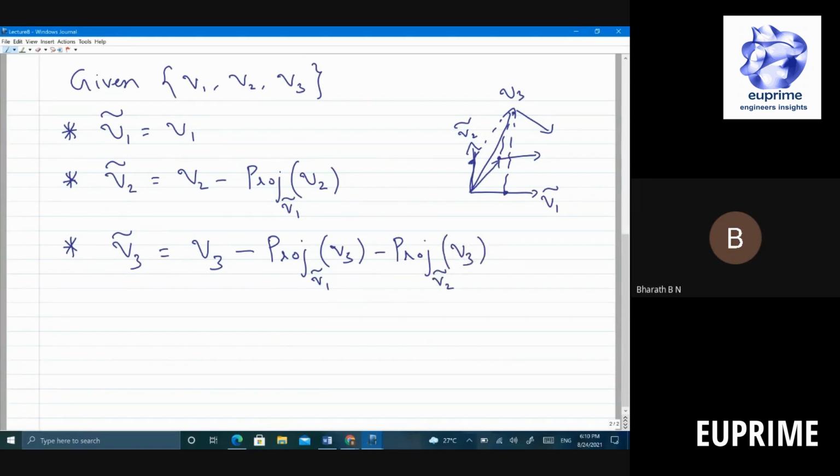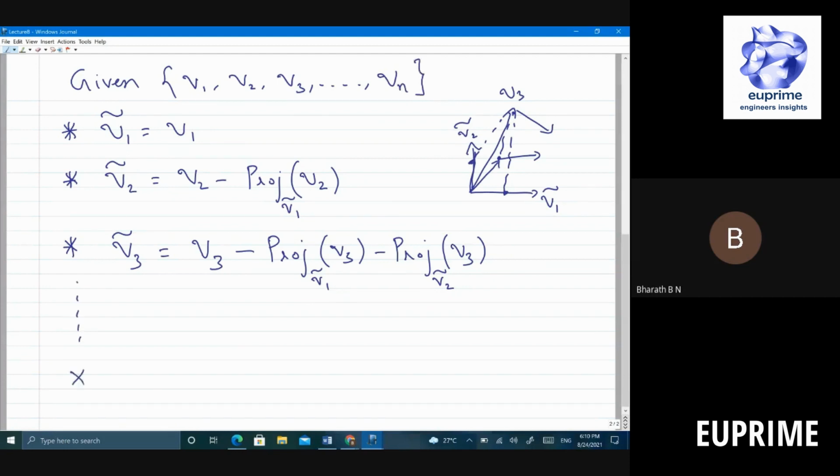Now we can verify that v1 tilde, v2 tilde and v3 tilde are orthogonal. How do you verify? You take the inner product and see if they are orthogonal, right? You will get 0 or not. You can easily verify this. Okay. Do you want me to verify or you will verify? So how do you generalize this as Gram-Schmidt? Suppose I have vn, and I can do this, right?